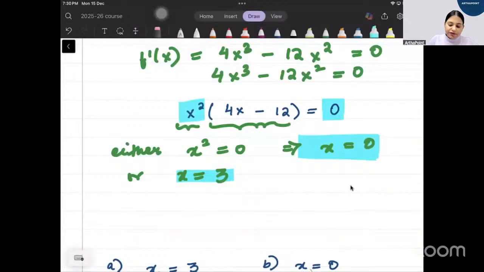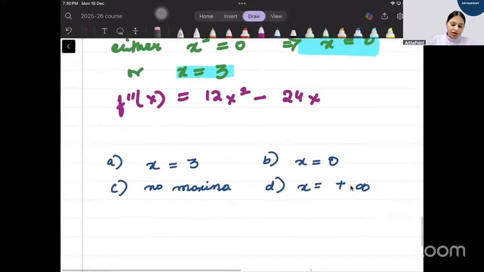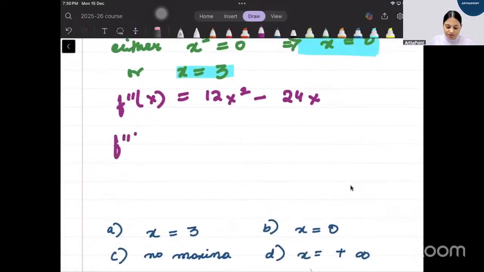Now the second order derivative. This is my first order derivative, so 4 into 3, 12x square minus 24x. Now check at 3 and 0.